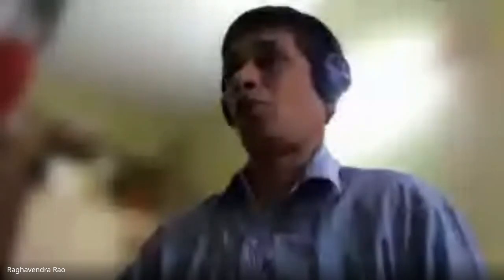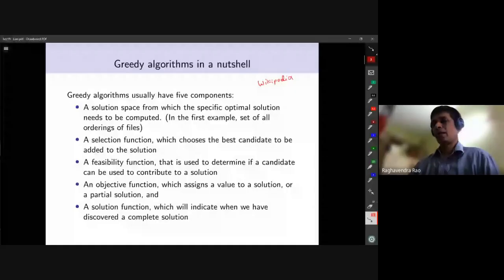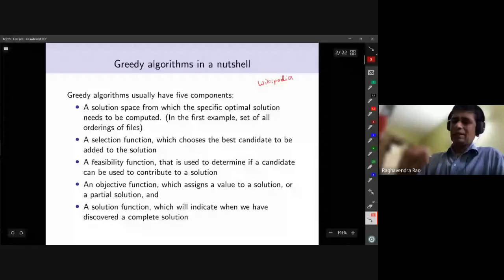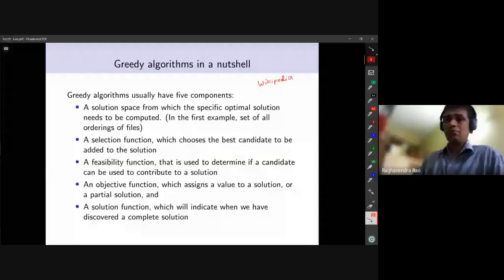But it need not always be optimal. In our examples, it happens to be optimal, but these functions should be doable in your algorithm, so you should be able to test them. There is no hard boundary on it. You can take the solution function as checking if it is optimal or not, but then you would have used that itself to build the solution. Why do you need a greedy strategy? Because usually checking if something is optimal is a harder task.